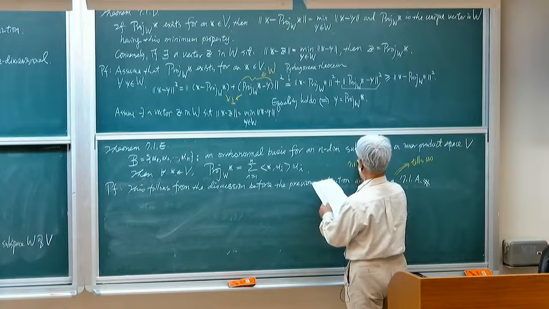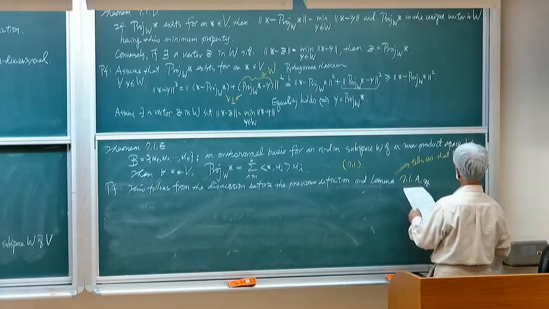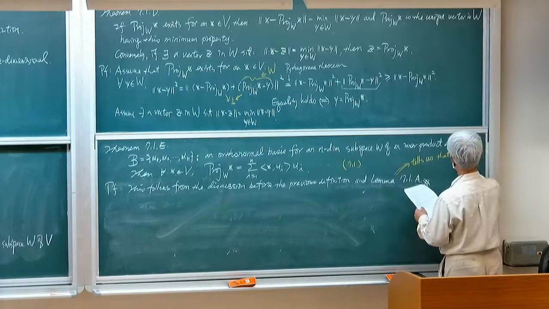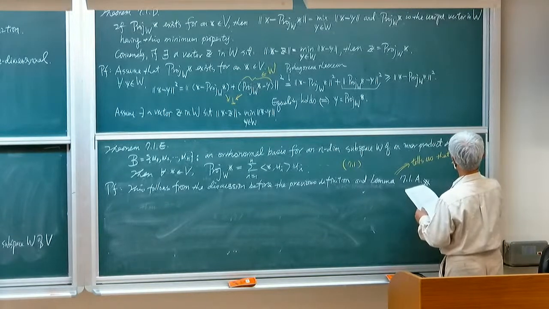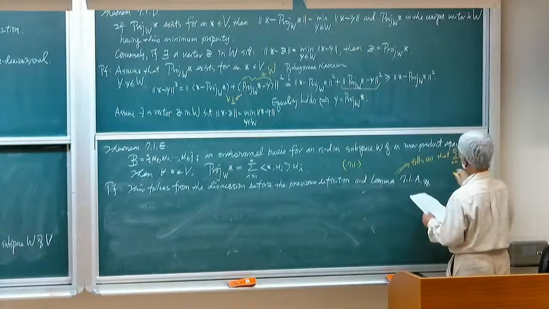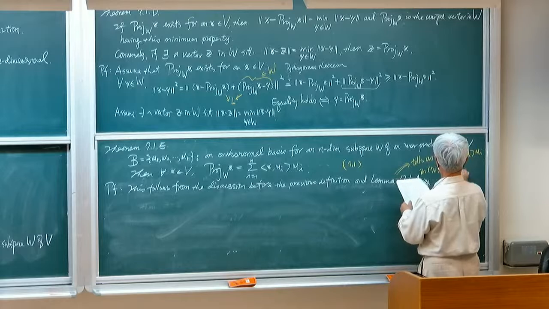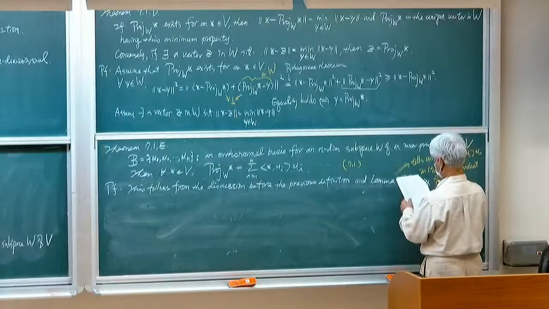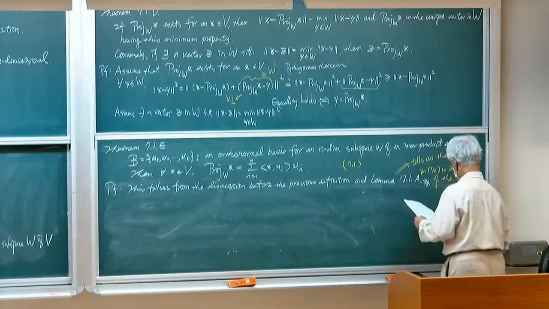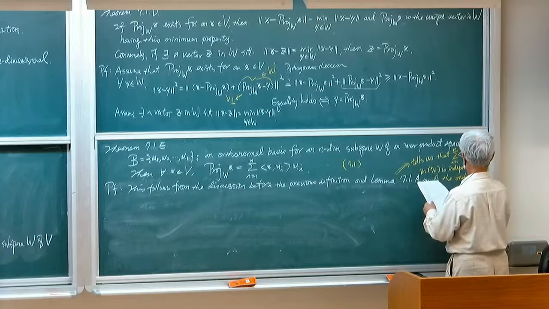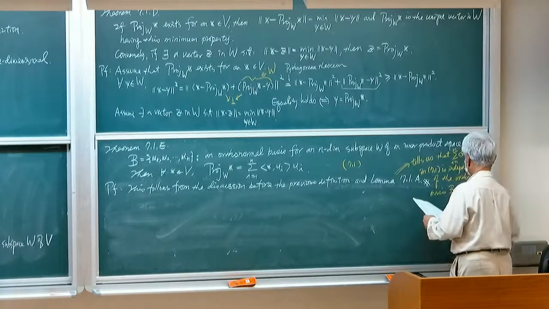So this lemma tells us that this vector, the summation in 7.1, is independent of the orthonormal basis selected, or we just say chosen.